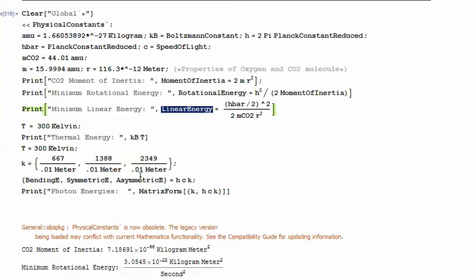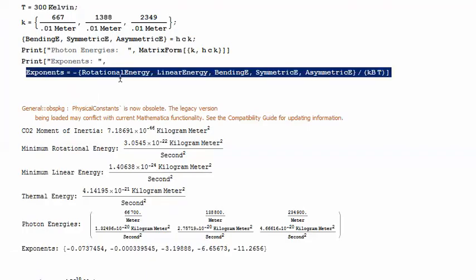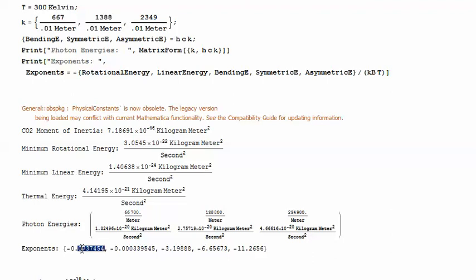These are not so bold because I'm using numbers that are pretty well known, that the energy of a photon is h times c times the wave number. So now I'm going to generate a list of exponents for the rotational energy, which comes to be negative 0.07, the linear energy, which is a teeny tiny number, the bending energy, which is negative 3.19, symmetric energy, negative 6.65, and asymmetric energy, which is negative 11.265.